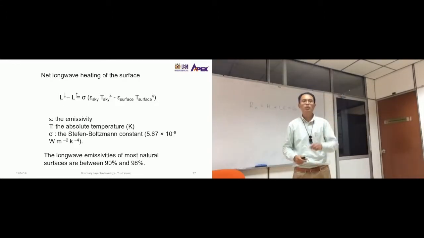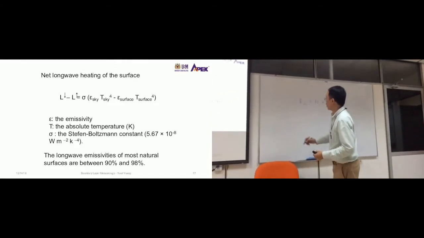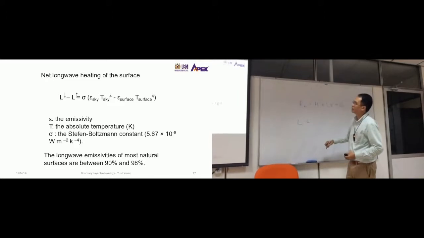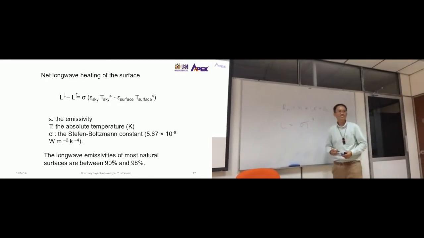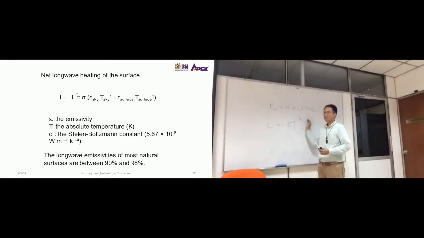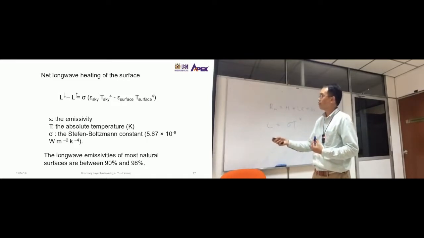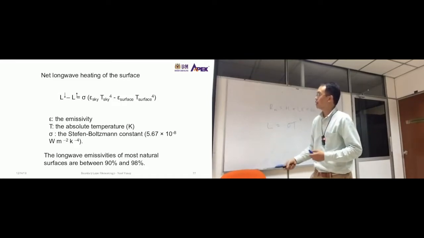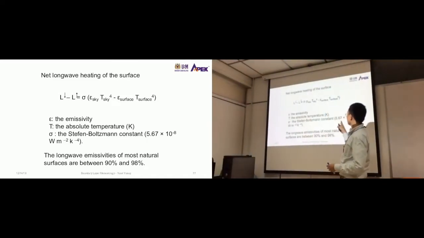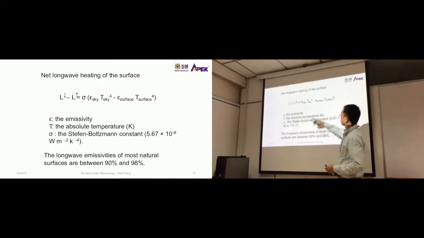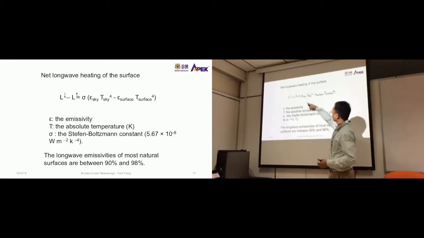The Stefan-Boltzmann equation. Basically, what is L there? The longwave radiation, the energy, equals a constant times temperature to the power 4. The Stefan-Boltzmann equation. So the net longwave radiation, this is net, equals the constant times epsilon, the emissivity, which is also a constant of the sky.